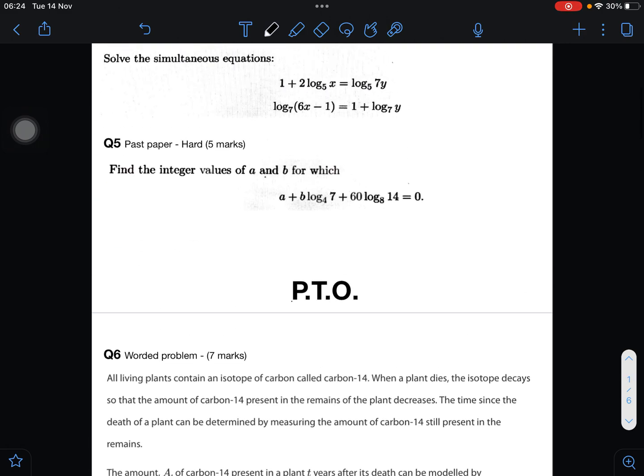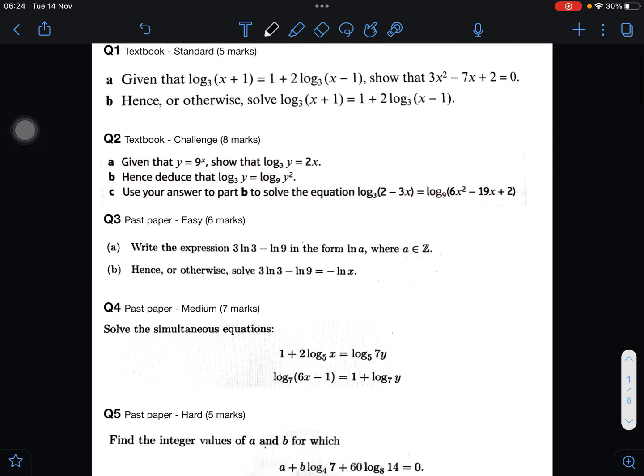Okay, part C. Use your answer to part B to solve the equation log 3 of 2 minus 3x equals log 9 of 6x squared minus 19x plus 2.